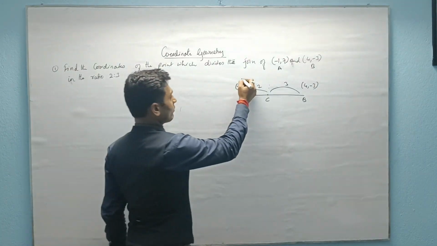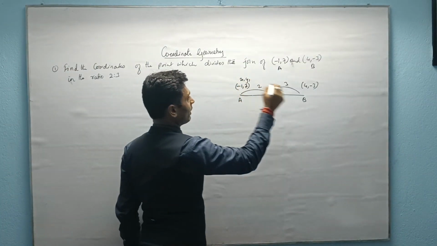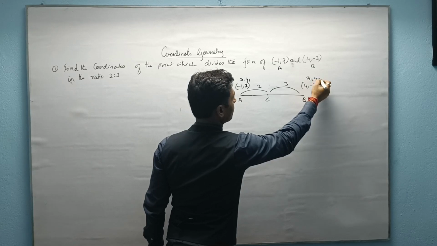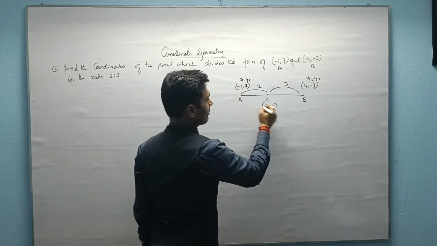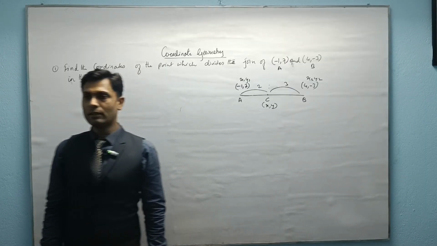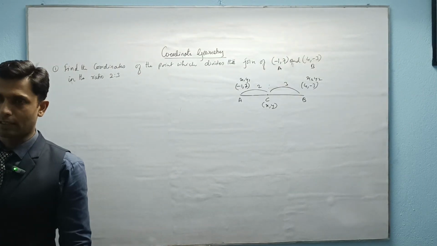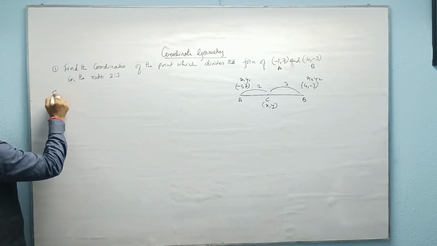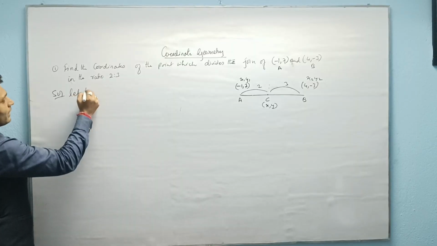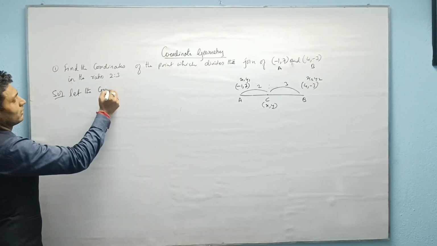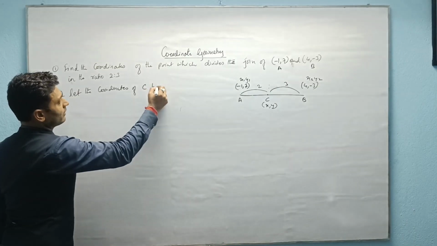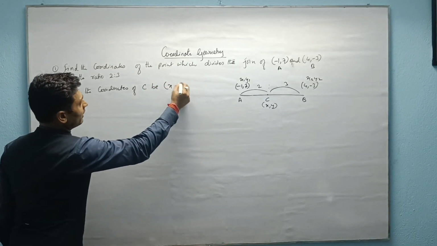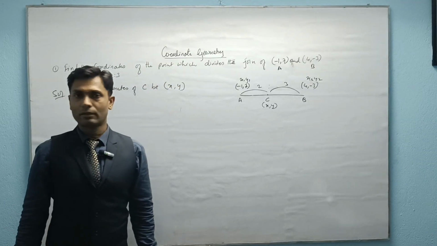So we'll mark this as x1, y1. This is x2, y2. And the coordinates of C, let us mark it as x, y. We have to determine the coordinates of C. So first of all, let the coordinates of C be (x, y).